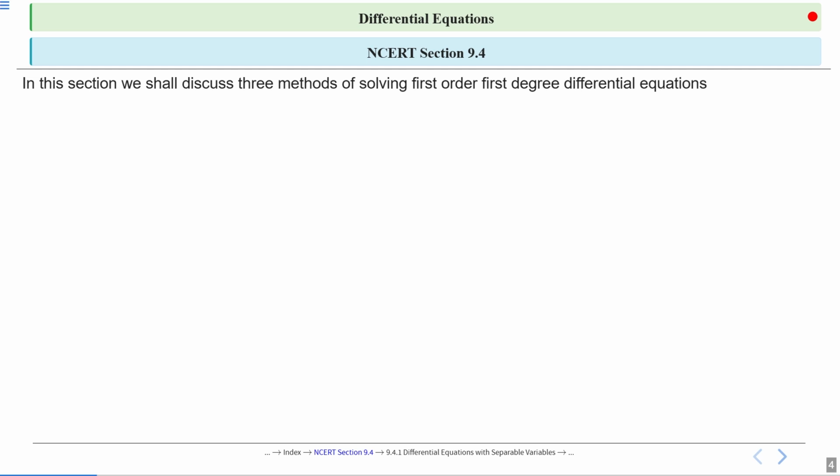So in section 9.4 of NCERT, we shall discuss 3 methods of solving first order first degree differential equations.